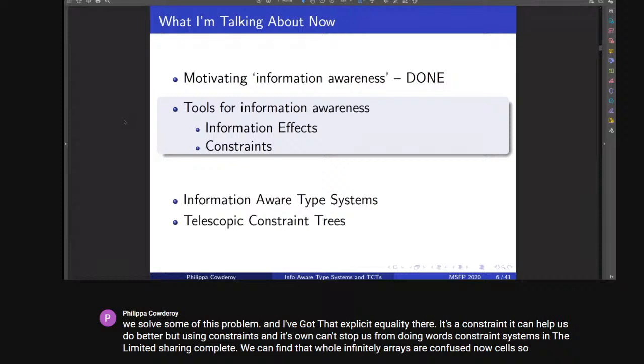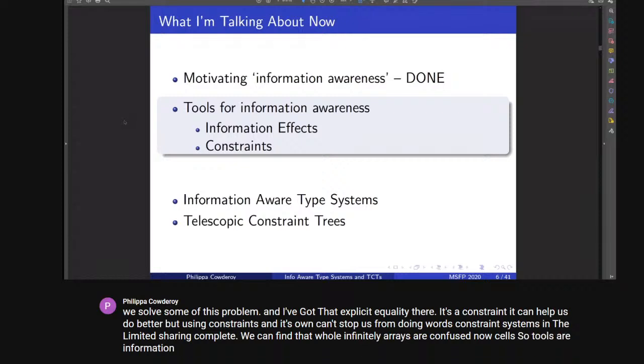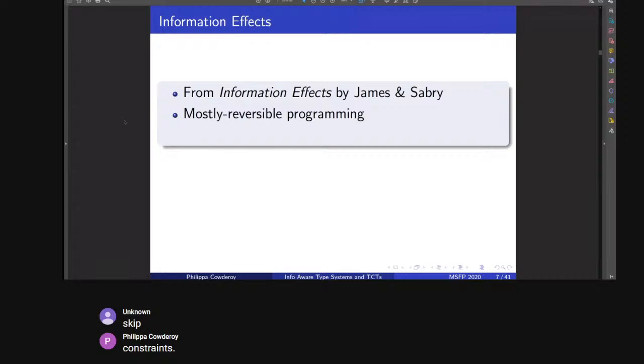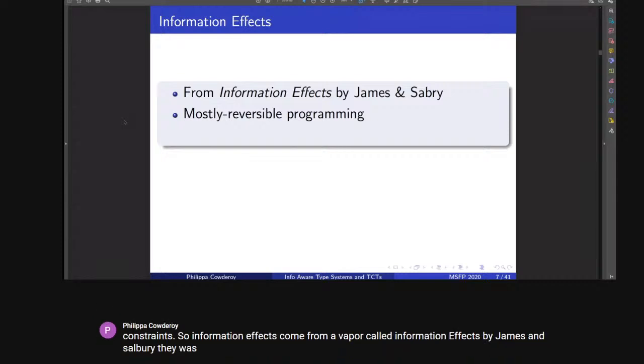So, tools for information awareness. The big new one for most people will be information effects, and I'll still be talking more about constraints. So information effects come from a paper called Information Effects by James and Sabry. They were studying reversible programming.